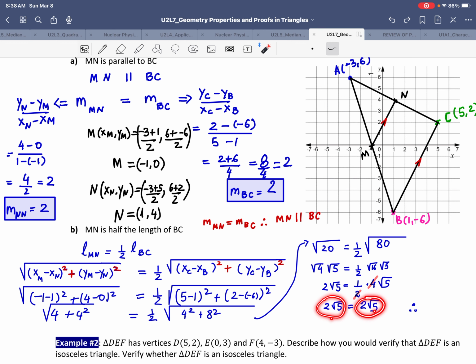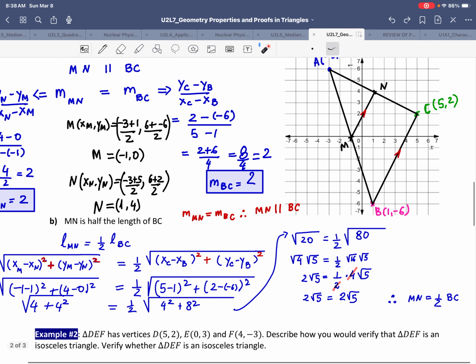So 2 root 5 equals 2 root 5. And remember where we got this from? From simplifying the length of MN equals 1/2 the length of BC. So that proves that the length of MN, or the length of midsegment MN, is indeed half of the length of BC. So I'm going to write the final statement. Therefore, MN equals 1/2 of BC.